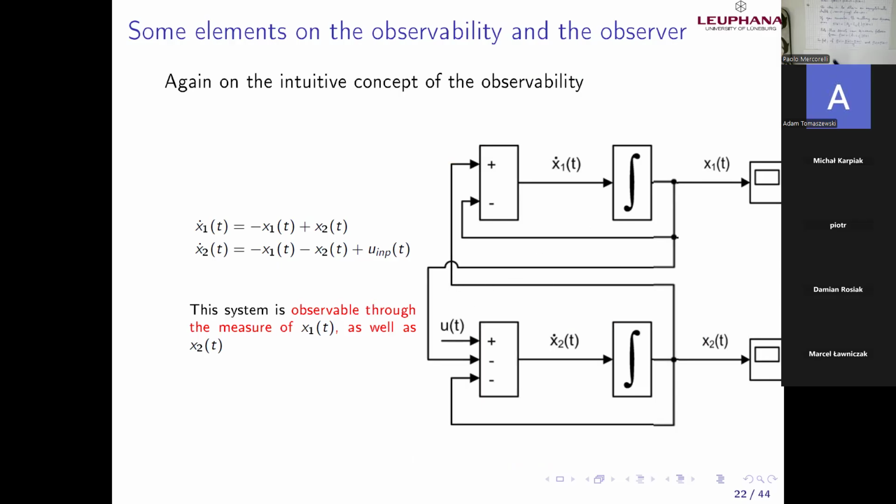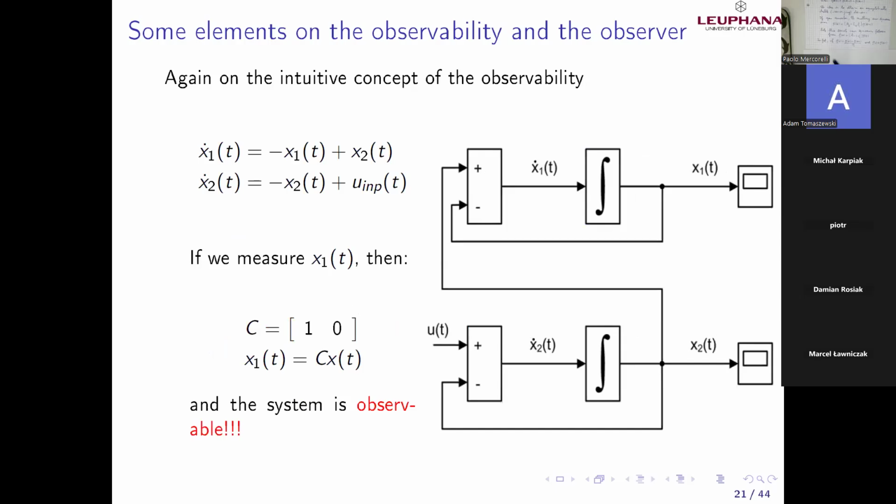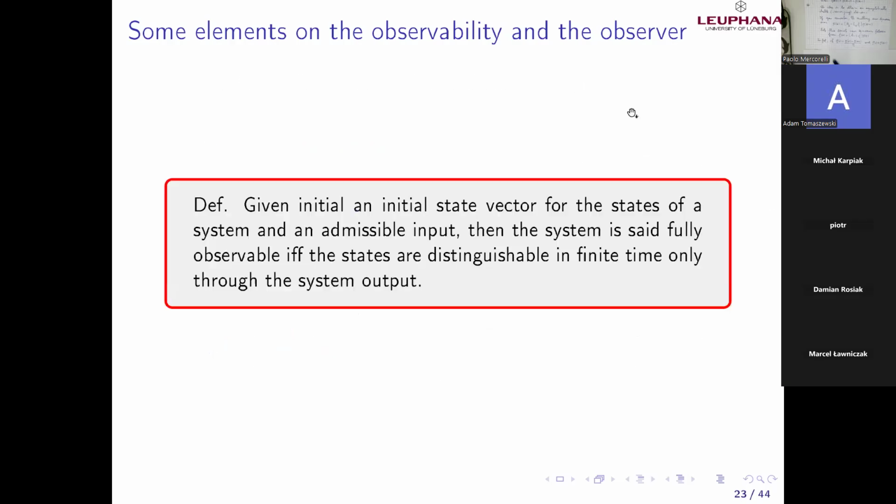But of course, we can say that it depends on C and on A. If I measure x1, it is observable. If I measure x2, it's not observable or not fully observable. By x2, I can observe because I measure it. But it depends on both, on C and A. In general, we have seen that it depends on both C and A.